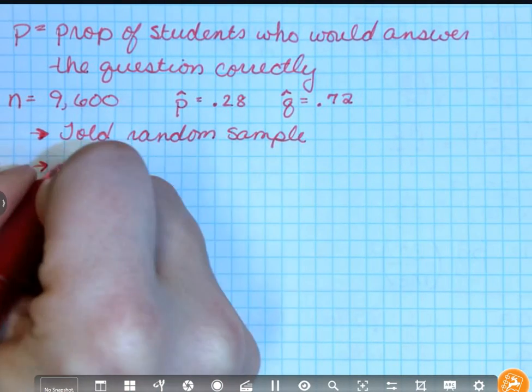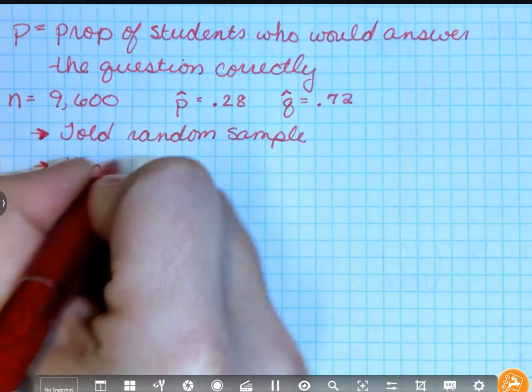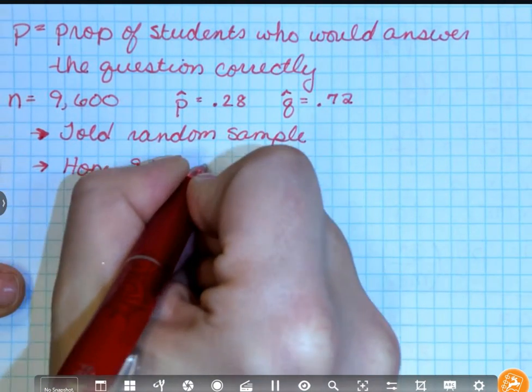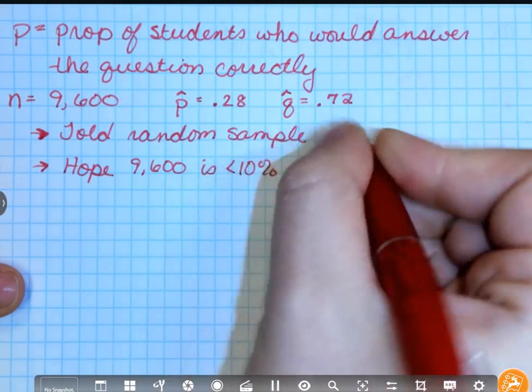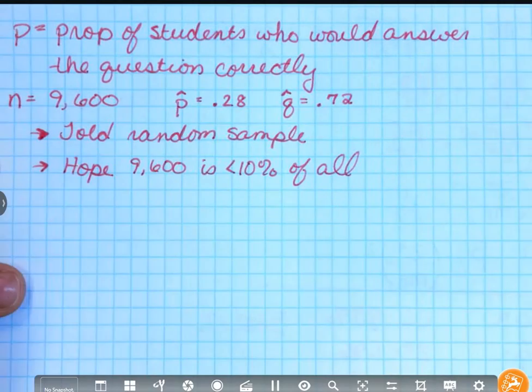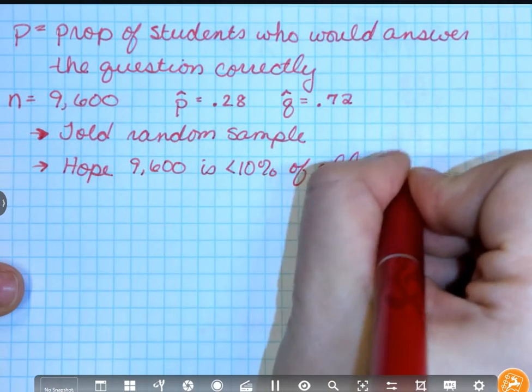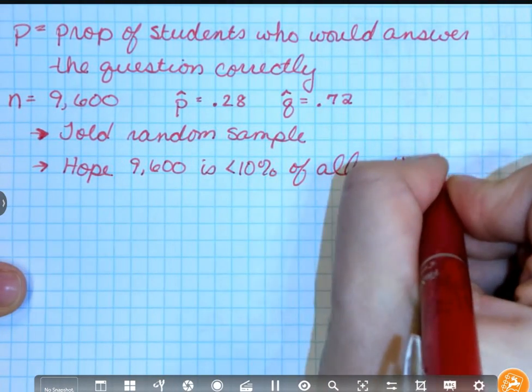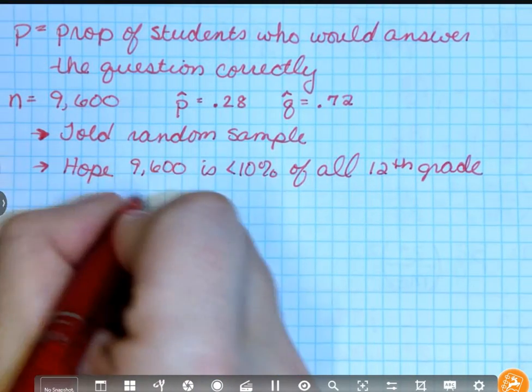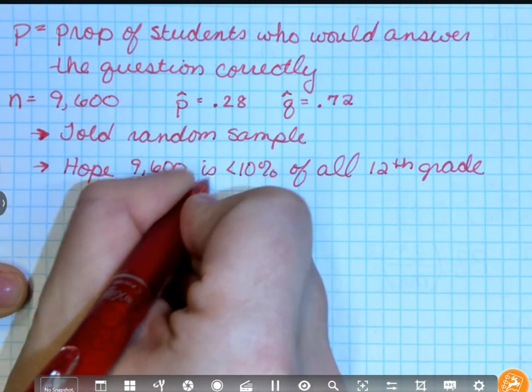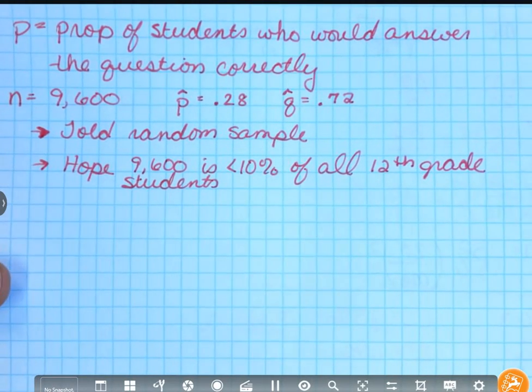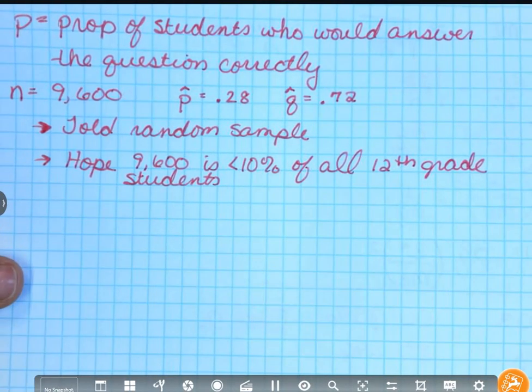So I'm not sure, but I'm going to hope that 9,600 is less than 10% of all 12th grade students. And really, that's all they're expecting. You don't need to state without a doubt that it is. I mean, it really is. There are a lot more 12th grade students than 96,000. But you can just say hope.